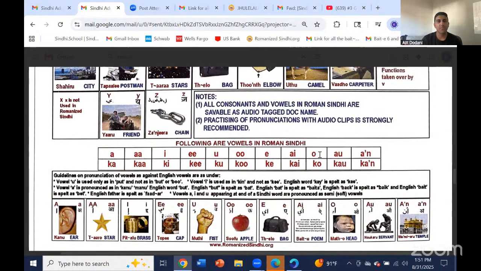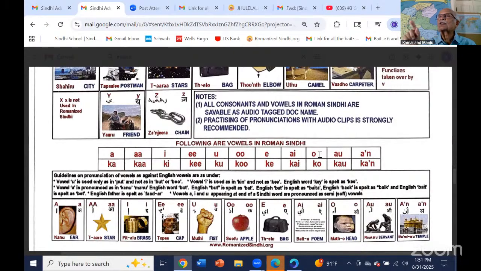Adjective also takes the masculine and feminine gender. Car suthi aahe, ghar sutho aahe. Car vaddi aahe, it's a big car. Ghar vaddo aahe. The adjective gets inflection according to the gender of the object.